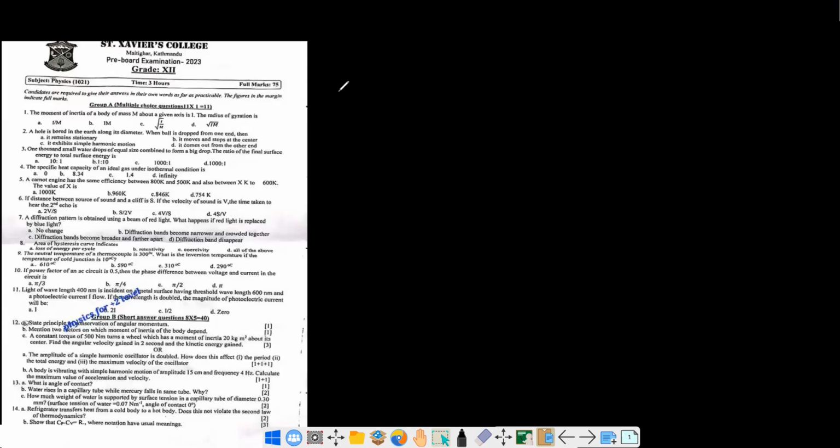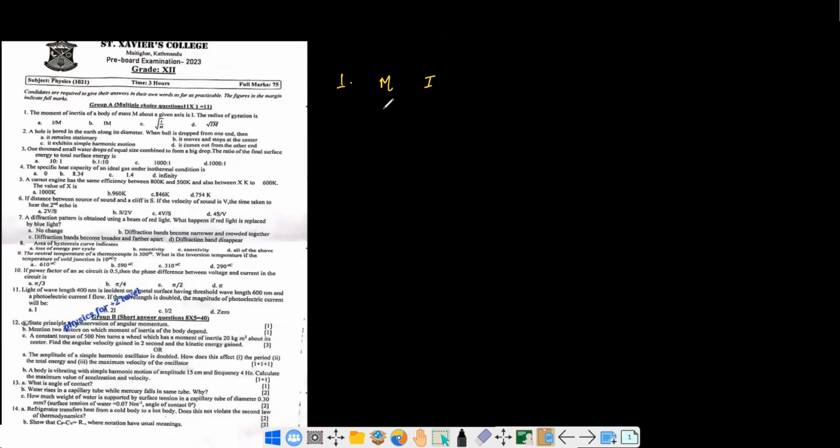Okay, so the first problem asks about a body whose mass is m and whose moment of inertia is I. This is the information we are given, and the radius of gyration is to be found.